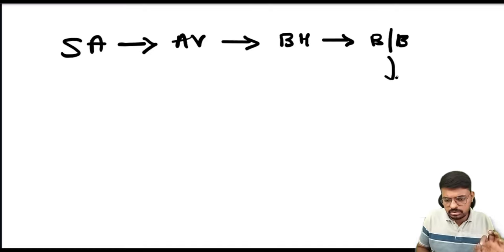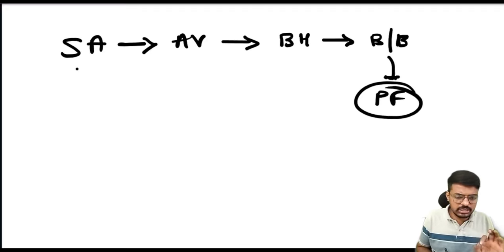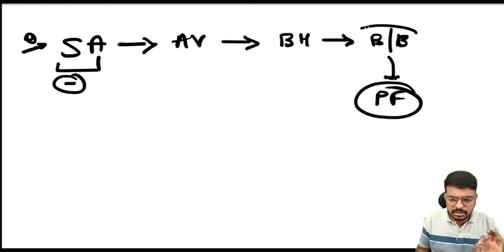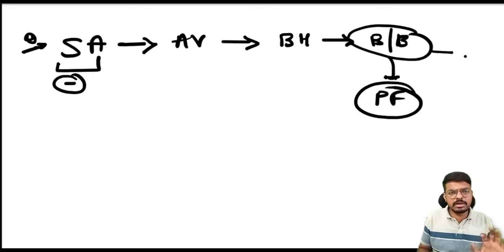From the bundle branches to the Purkinje fibers. Okay, so this is the sequence of the conduction system of the heart, and it is important, bacho. If the sinoatrial node gets blocked, that is called SA nodal block. If the bundle branches are blocked, that is called bundle branch block.